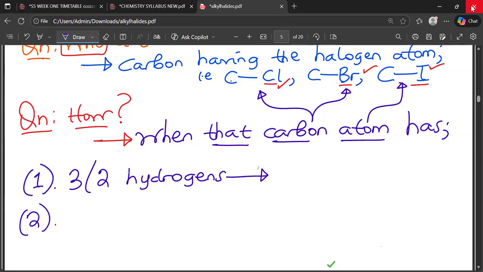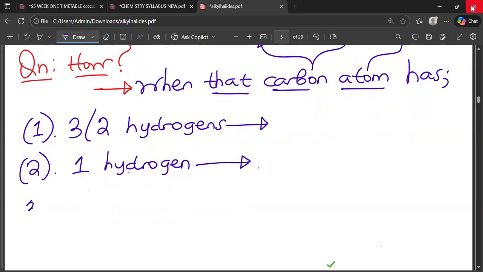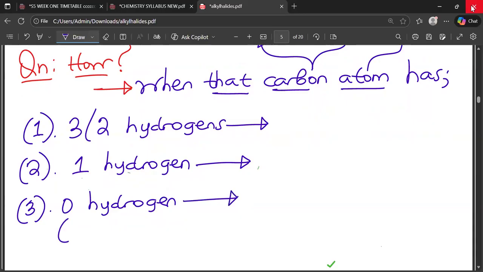When that carbon atom has 1 hydrogen, then there is also when that carbon has 0 hydrogen. No hydrogen, like that.